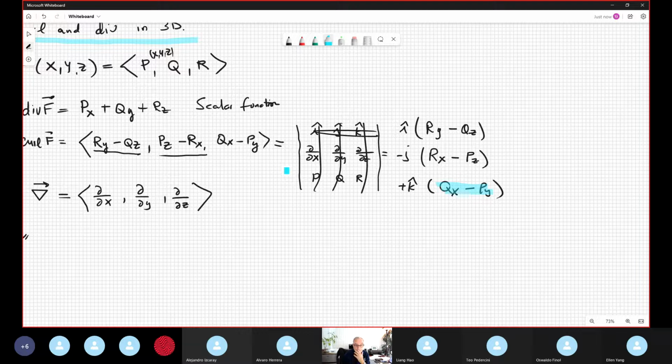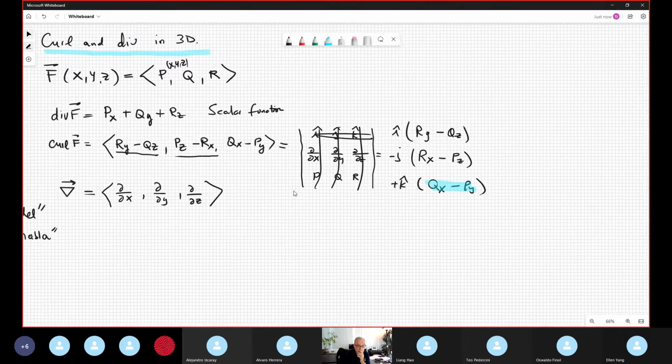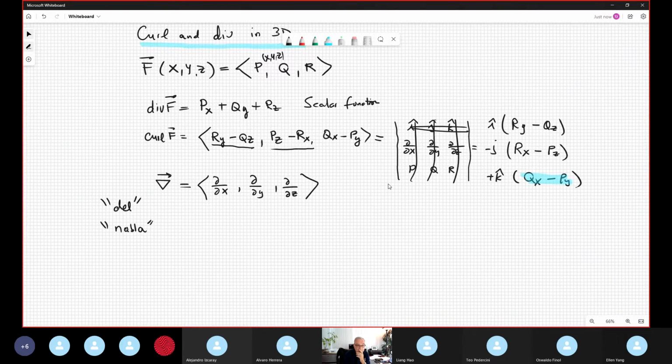Okay, now the most important moment. Using this symbolic operator, we can write, for example, del or nabla, the way you prefer to call it, dot product F. What is that?